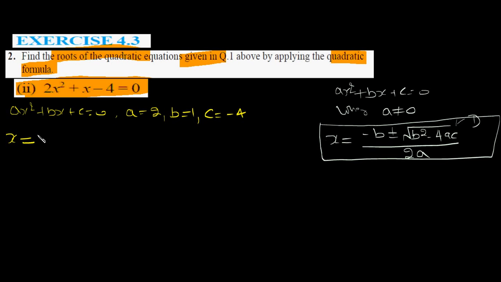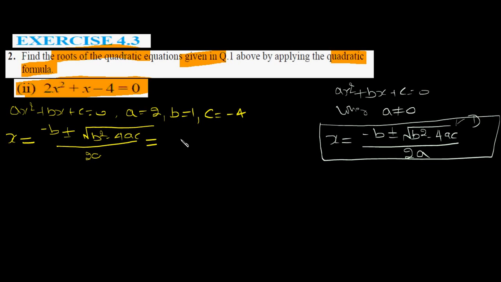So x will be minus b plus minus square root of b square minus 4ac upon 2a.